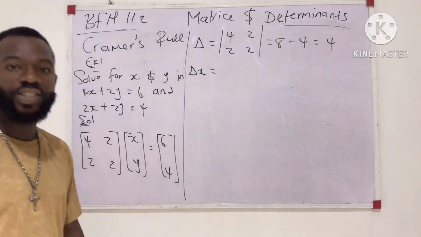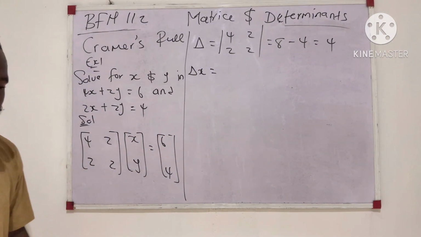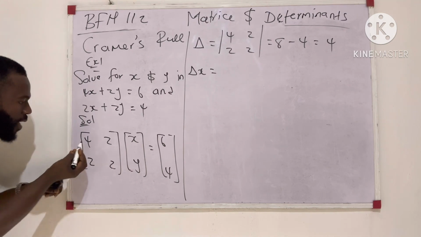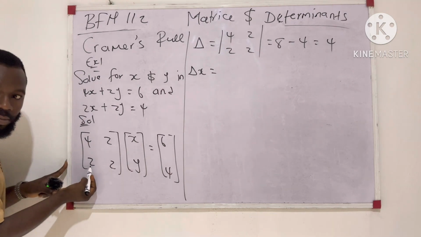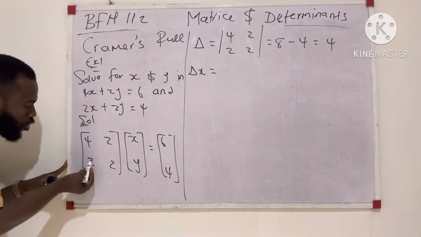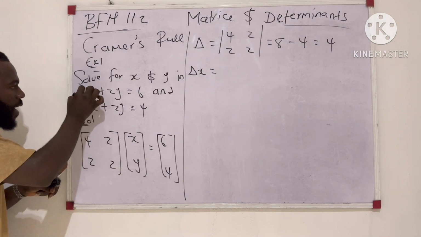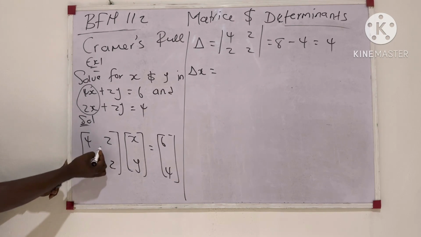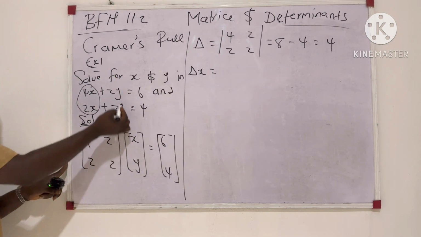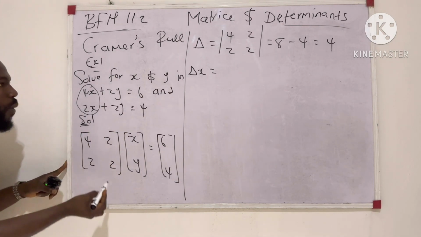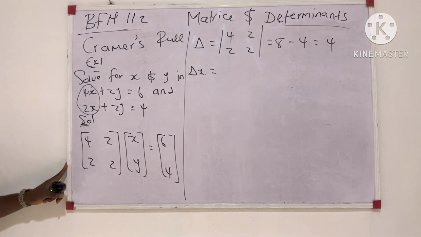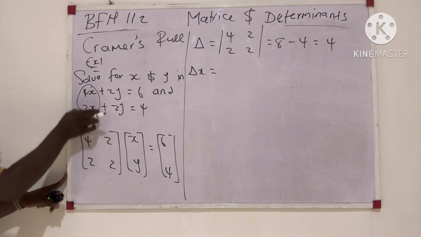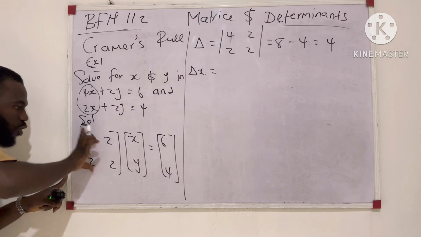Next, change in x. How do you get change in x? This is what you do. Watch. 4, 2 was gotten from here, so it means 4, 2 belongs to x, and 2, 2 belongs to y. When you say change in x, it means remove this 4, 2 which belongs to x and put your constants there.